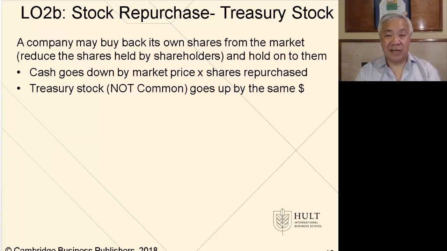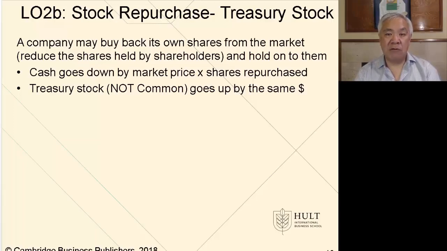The first part is always easy. You use cash. So cash goes down by the amount of market price per share times the shares that the company repurchased. It goes out, so therefore cash goes down. The tricky part is we don't buy marketable securities in ourselves. If we bought marketable securities of another company like Apple or IBM or something, it would go into our assets called marketable securities.